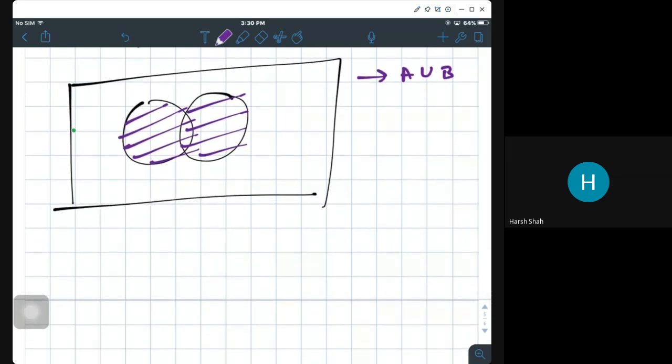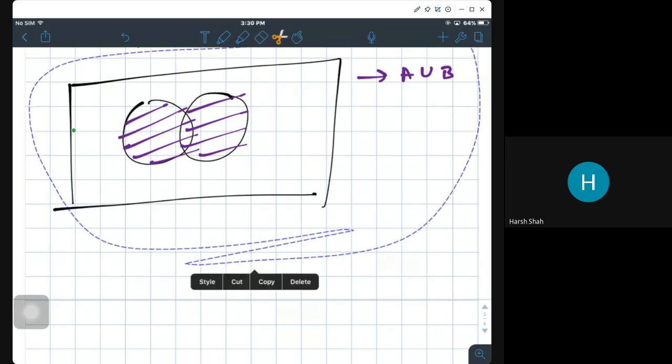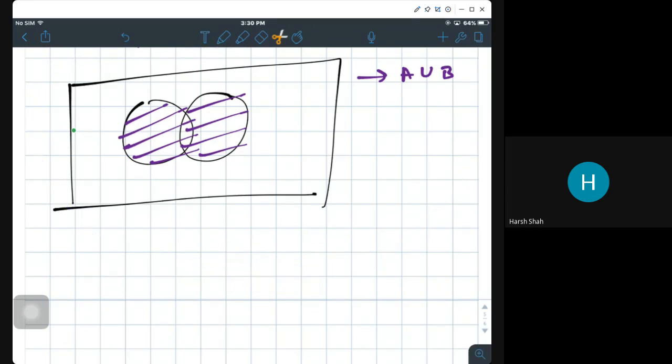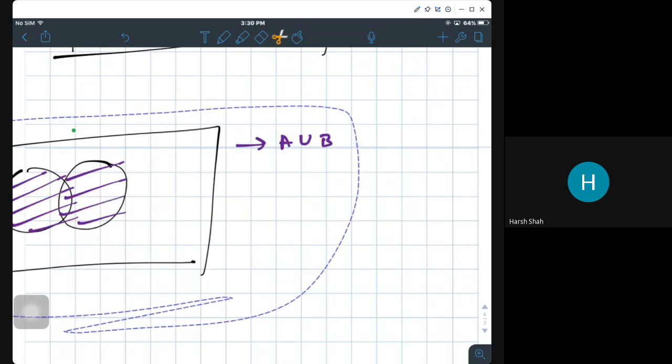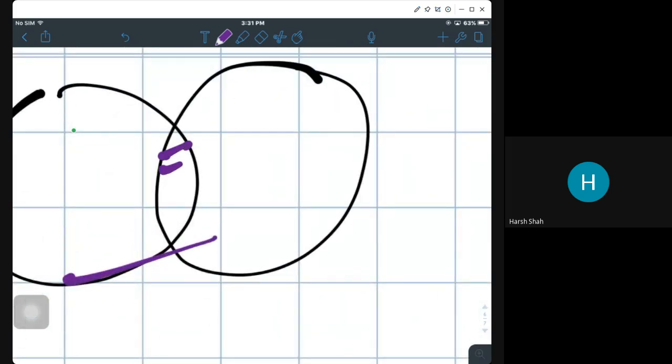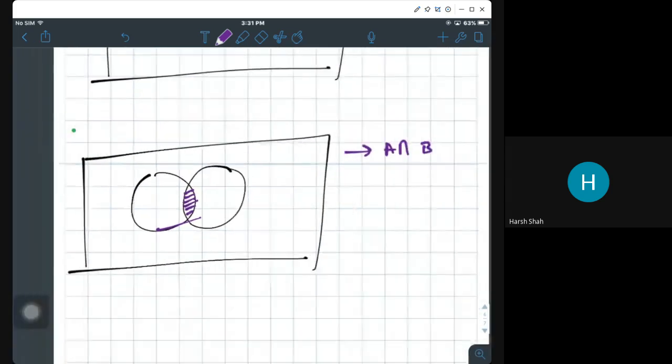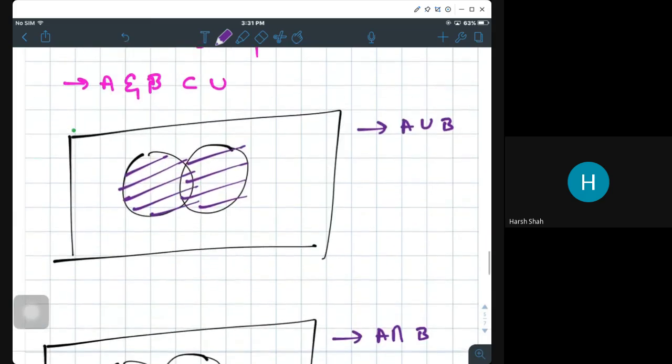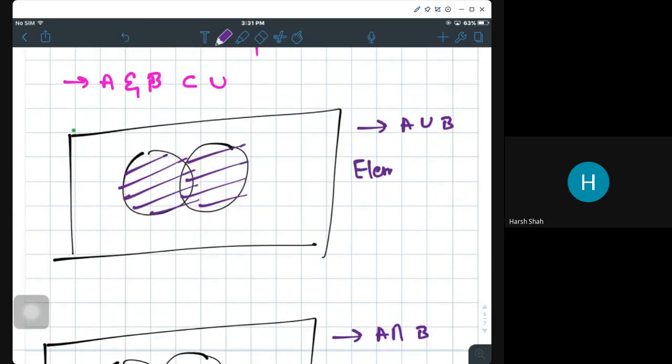Now for A intersection B, let me just copy this out. What will be the area that I'll take for A intersection B? For A intersection B, my area will be this part, the part which is common to both A and B. So I can write this as elements in both A and B, right?